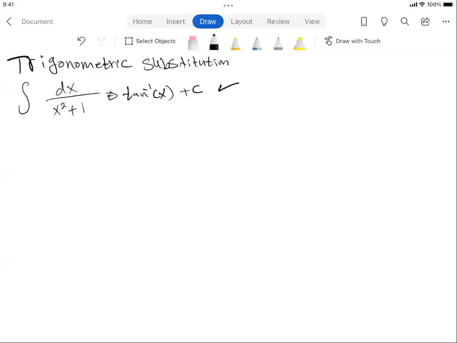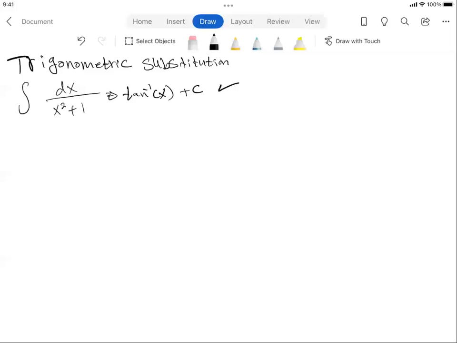And that's absolutely correct. But let's see where this came from. So we will be deriving this formula.